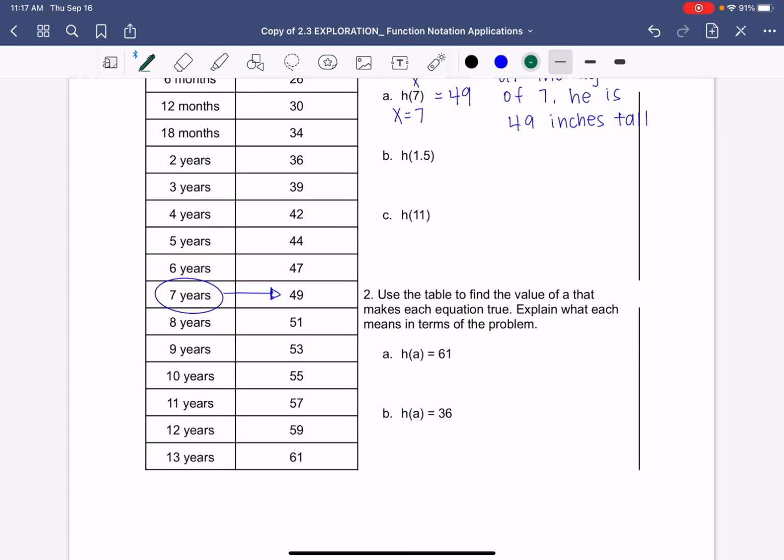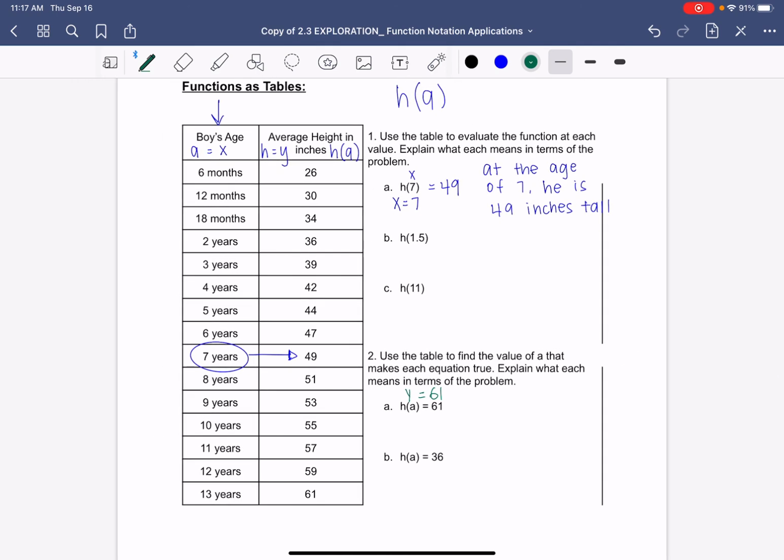But say we want to know h of a equals 61. So y equals 61. So I'm looking in my h of a column, which is the average height around that age, and I'm looking for the number 61. If I look through all of these numbers, I see that 61 is right here. The answer to that is how old is he?